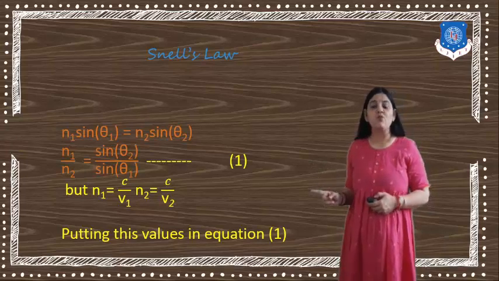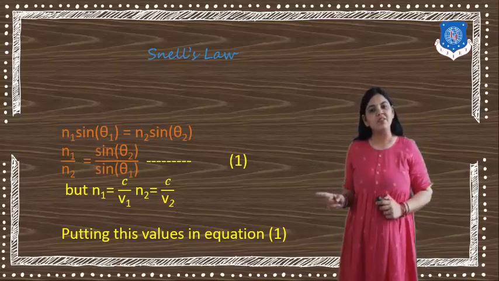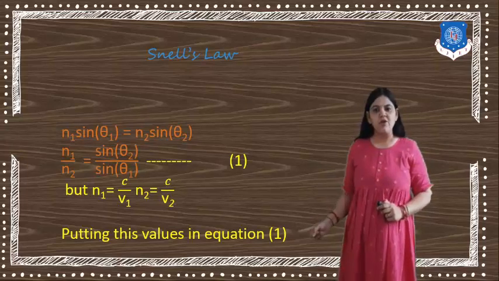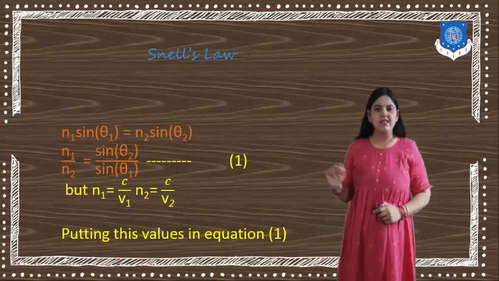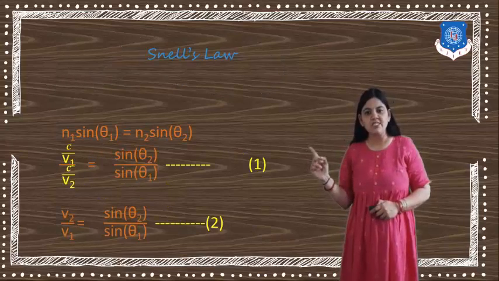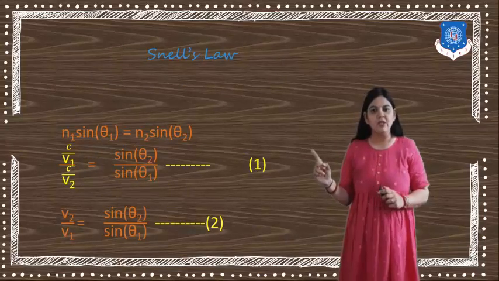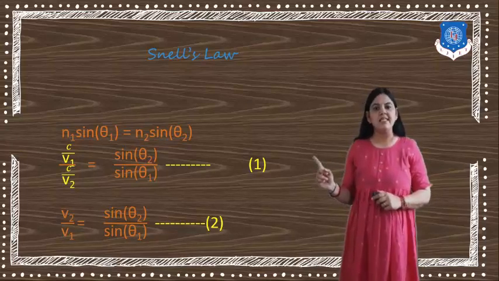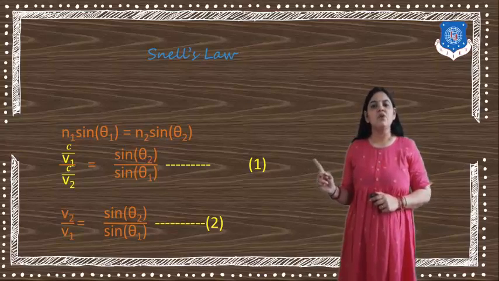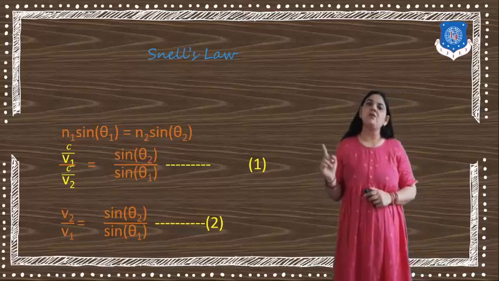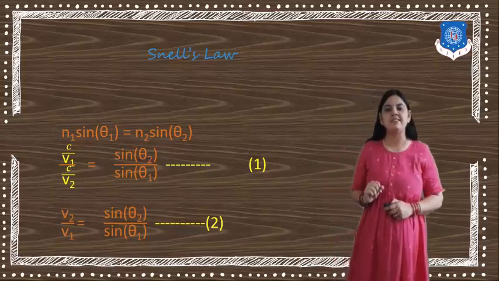Now we know that N1 is C upon V1, and N2 is equal to C upon V2. So putting these values in equation number 1, N1 sin theta 1 equals N2 sin theta 2, it is (C/V1) upon (C/V2) equal to sin theta 2 upon sin theta 1, which gives V2 by V1 is equal to sin theta 2 upon sin theta 1.